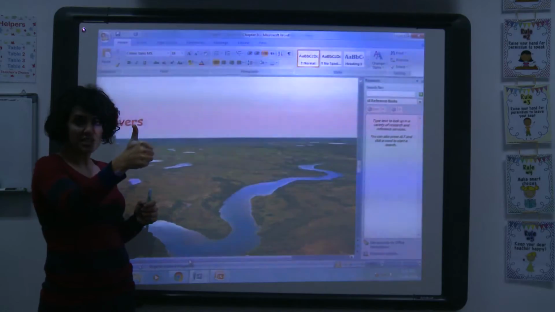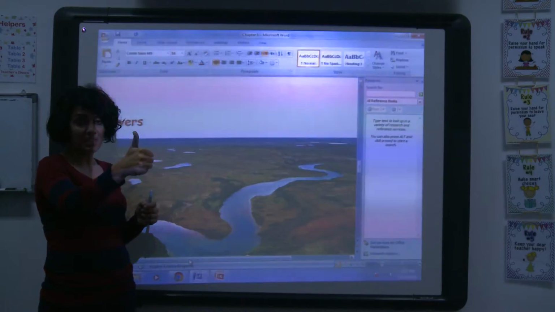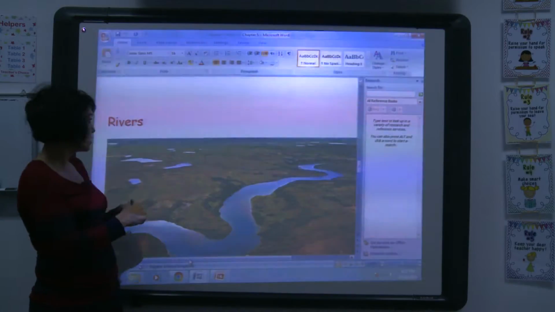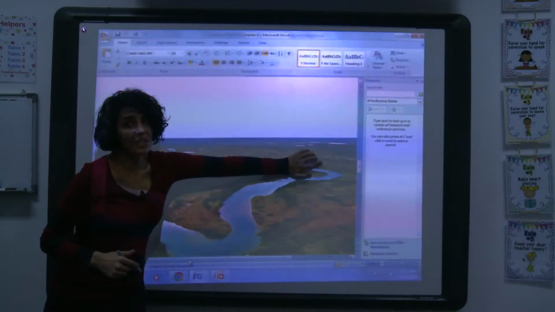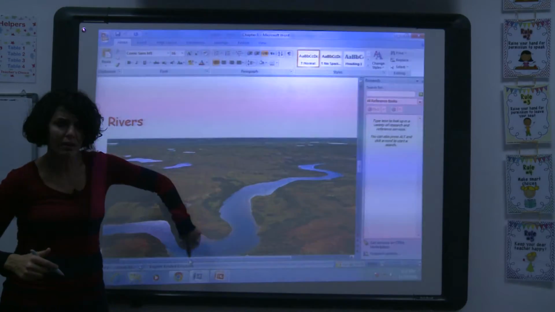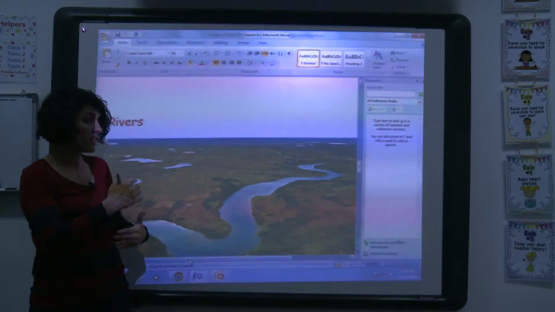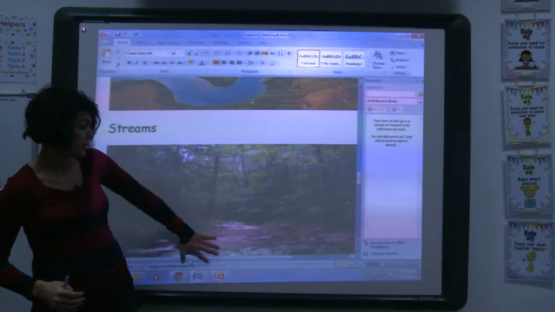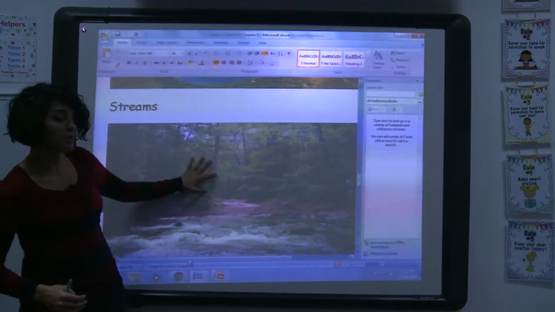So ponds are examples of fresh water. Lakes are examples of fresh water, and rivers. This is a river. The water in the river flows, and it's fresh water that we have on earth. Now, streams.